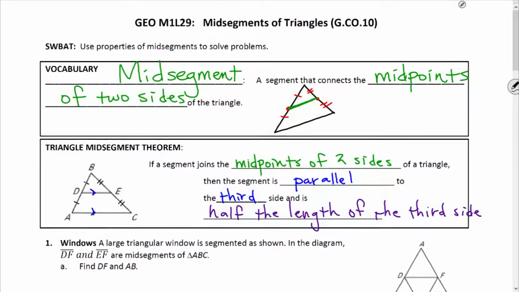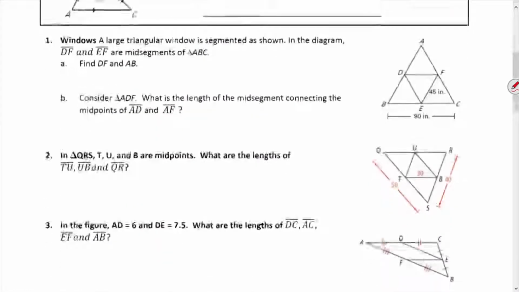Meaning if the length of DE is some number like 10, then AC would be double that at 20. That's the midsegment theorem. This is proved in another video, but this video is defining this and also looking at some applications of this theorem.